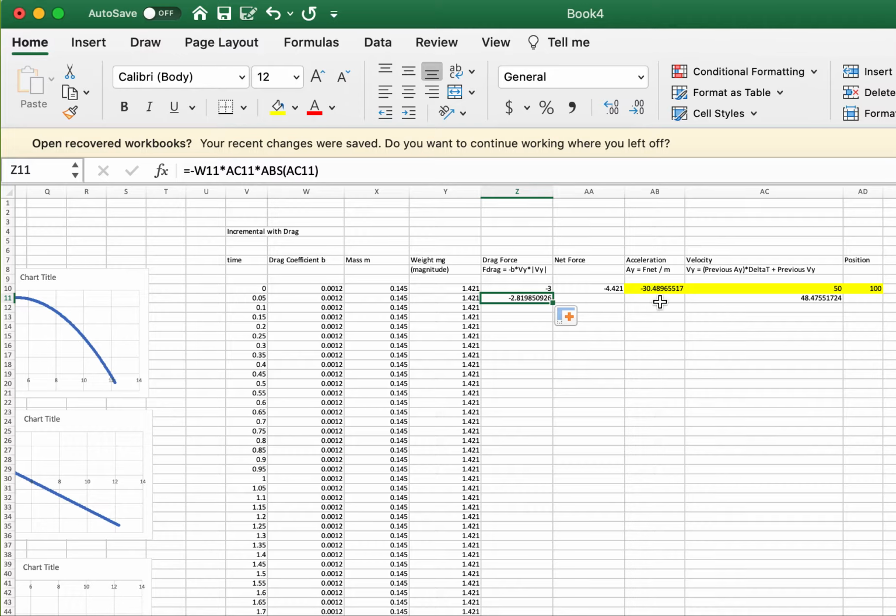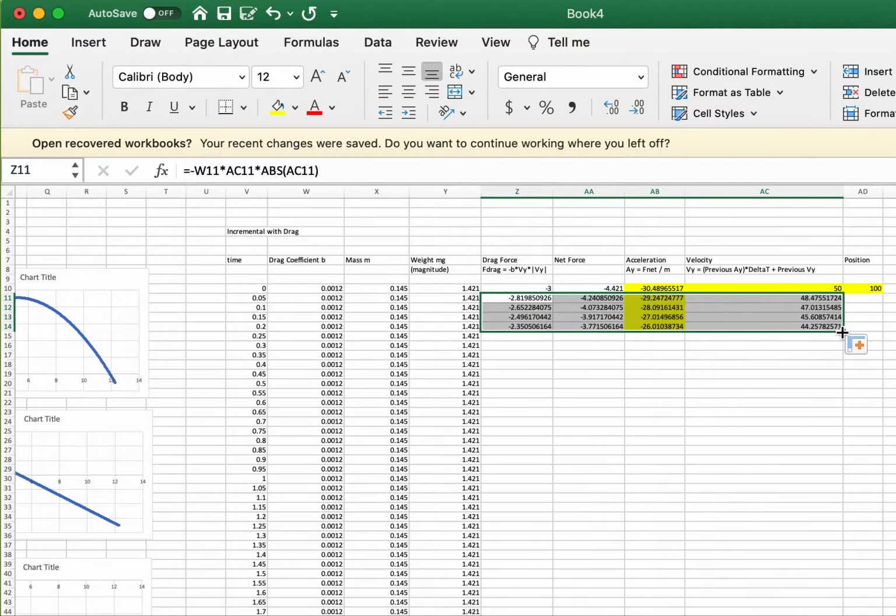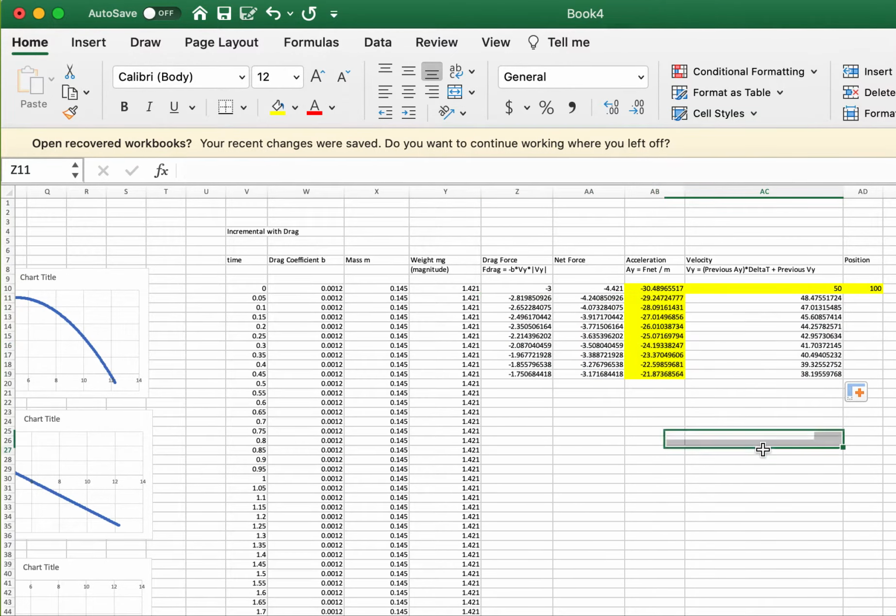You get a new drag force. Now you can calculate a new net force. And because you now have a new net force, you can now calculate a new acceleration. And the acceleration is changing. Alright, so if we take all this now and copy it down, let's see what happens.